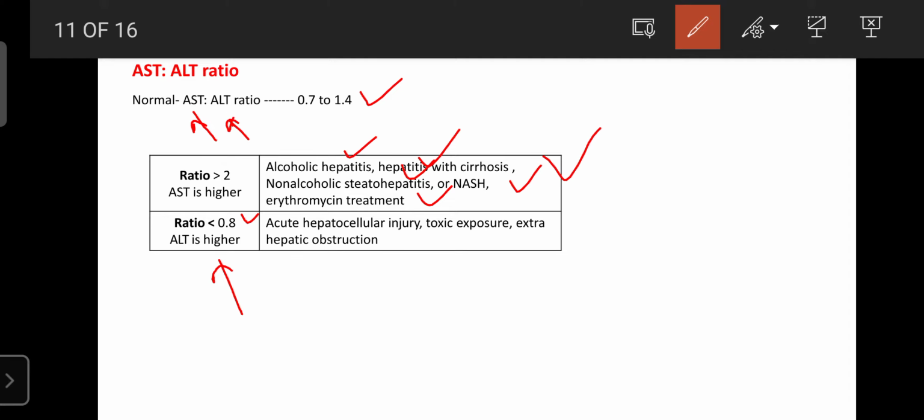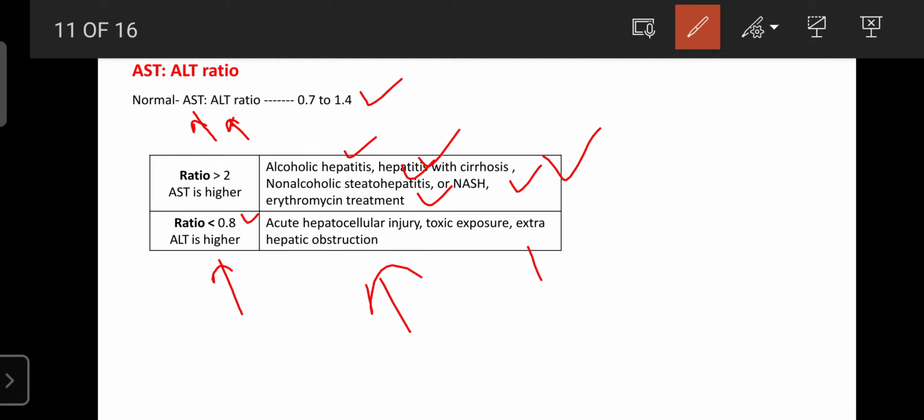Then it can denote acute hepatocellular injury, toxic exposure, any toxic substance entering our body like chemicals, pesticides, from foods or as a preservative in foreign imported food. So there the ALT level is higher and the ratio decreases. And also extra hepatic obstruction.